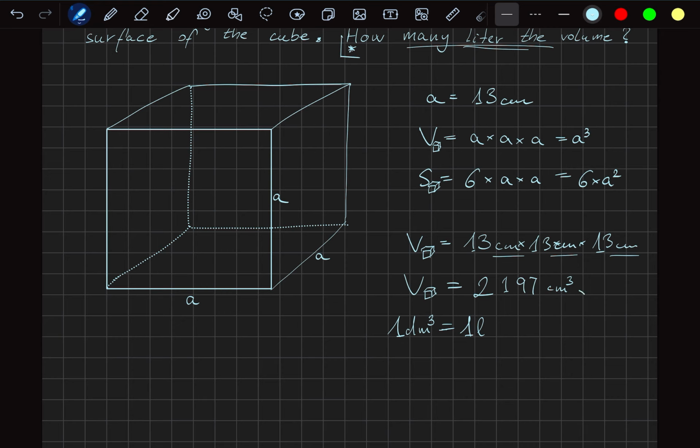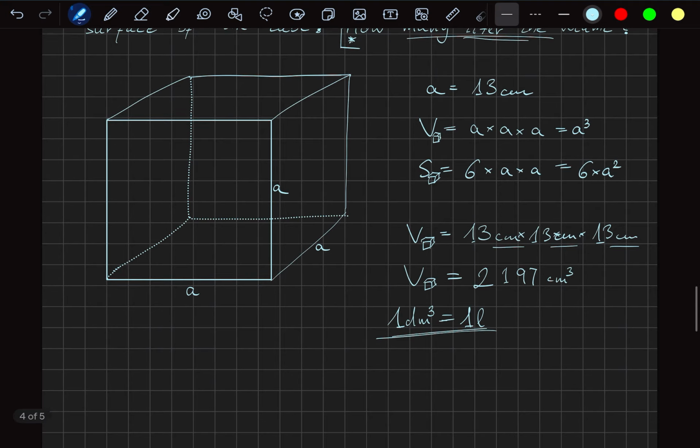So basically, if I change this 2197 centimeter cube into decimeter cube, then I will get the liters too.